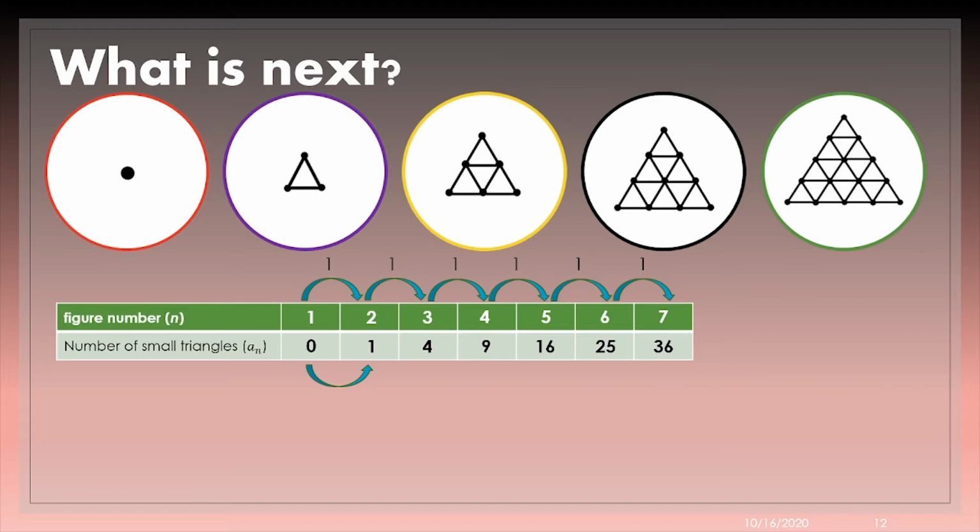So, it means that the common difference is positive. Okay? So, 0 and 1, difference natin is 1. Then, 1 and 4, ang difference natin is 3. Then, 4 and 9, ang difference natin is 5. 9 and 16, ang difference natin is 7. Then, 16 and 25, the difference is 9. Then, 25 and 36, the difference is 11.